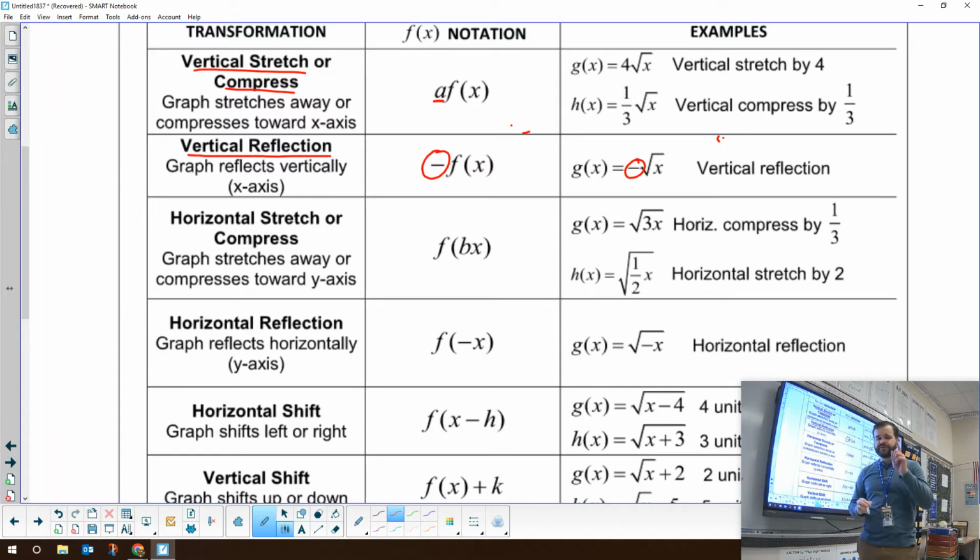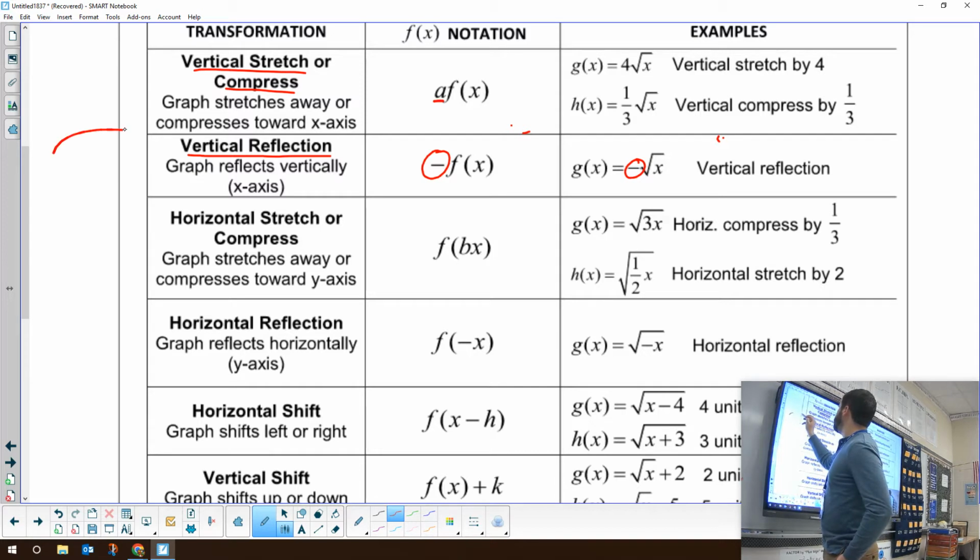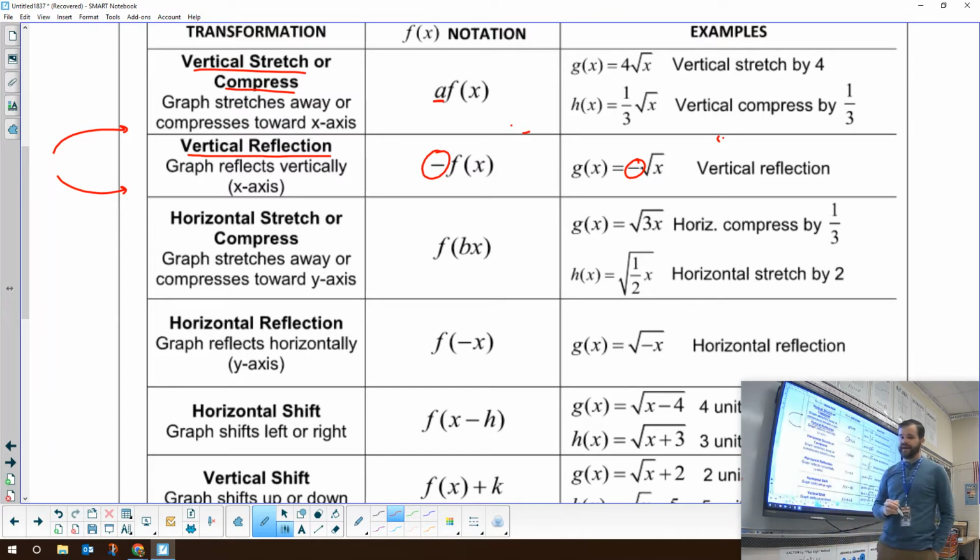Now, with this graph in particular, it's important to remember what a vertical reflection is versus what a horizontal reflection is. So, for instance, if my normal graph looks like that, a vertical reflection would have it flip under like that. Okay, but what about if I have a B?